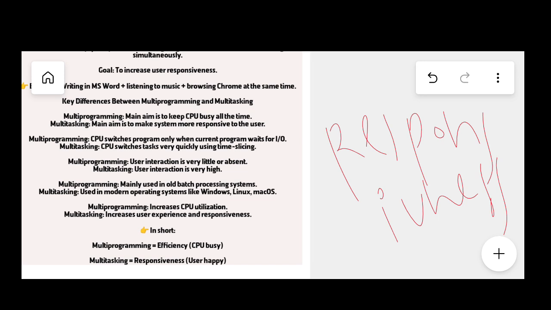In multiprogramming the CPU executes one program at a time, but when that program needs to wait for input or output, the CPU quickly switches to another program. The main goal of multiprogramming is to keep the CPU busy and increase efficiency.